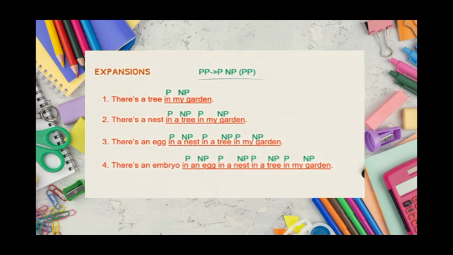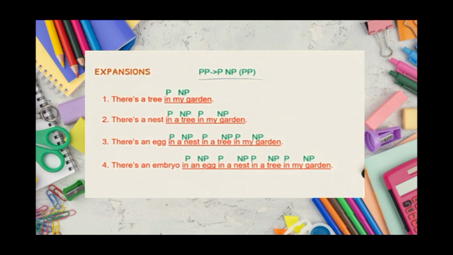Expansions. Number 1, there's a tree in my garden. The PP at the top of the sentence means it's a prepositional phrase, and NP, noun phrase.